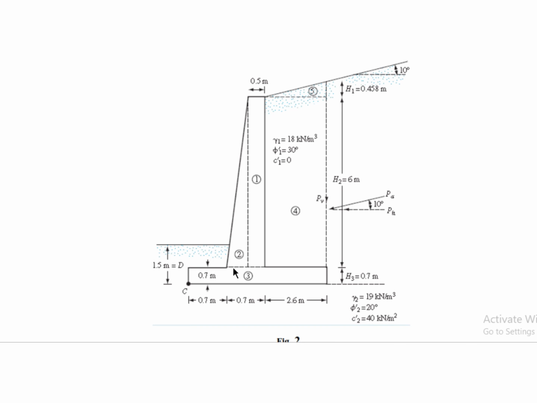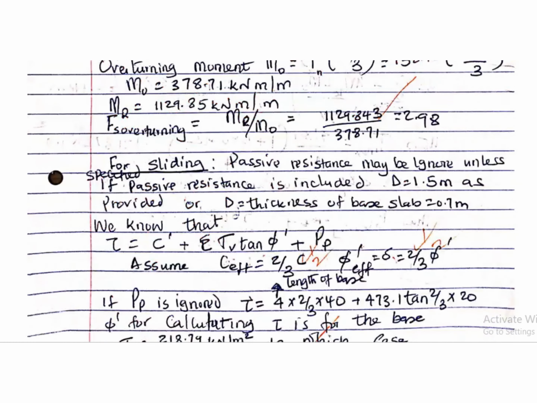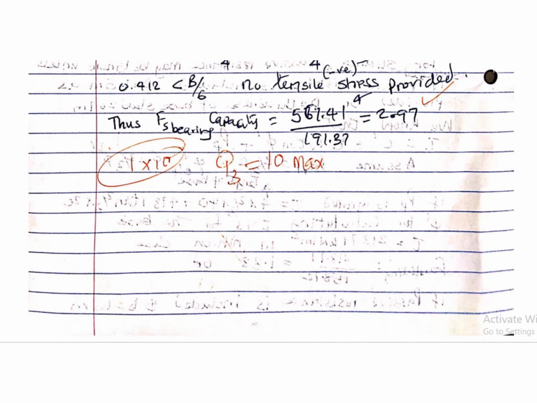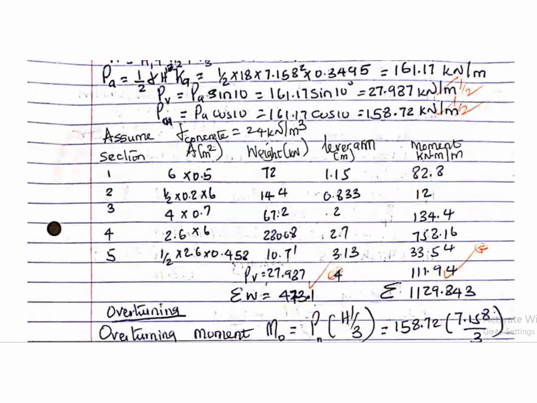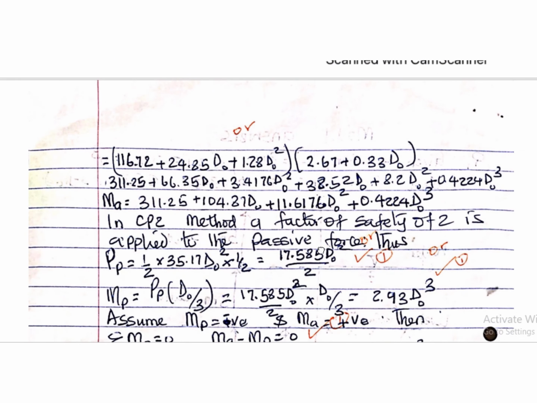If you work out the base of this section 2 is I think 0.2 meters, so that's 0.9 plus 0.25 is 1.15. So these are the centers of these sections based on point C. We could take the moment anywhere else, but for now we are taking the moment at point C. So it's just geometry, so you don't forget about the rules of the centers and the distance from the centroid.